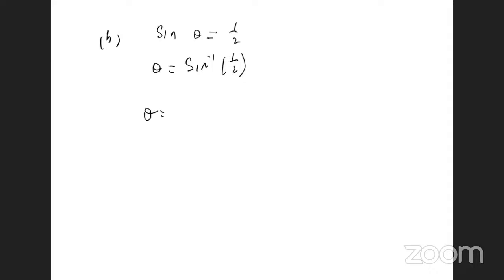So the general solution is n pi plus minus 1 to the n of alpha. Remember, alpha is equal to sine inverse a half, which is pi on 6. That's okay? Pi on 6. So that will be pi on 6 here.